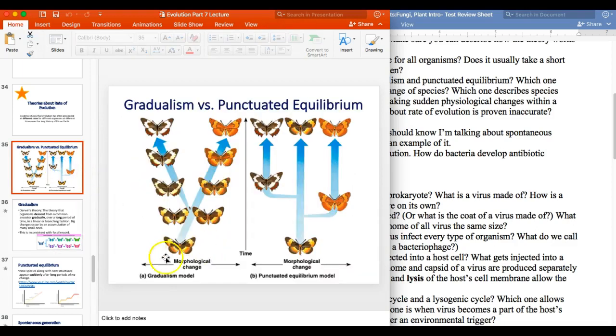What does that mean? We start with one species. Before it evolves into two different species, this process takes a long time, and it happens gradually. So there's a little bit of change again, and then eventually it becomes a new species after a long time. That's why it's called gradualism, because the changes happen gradually.